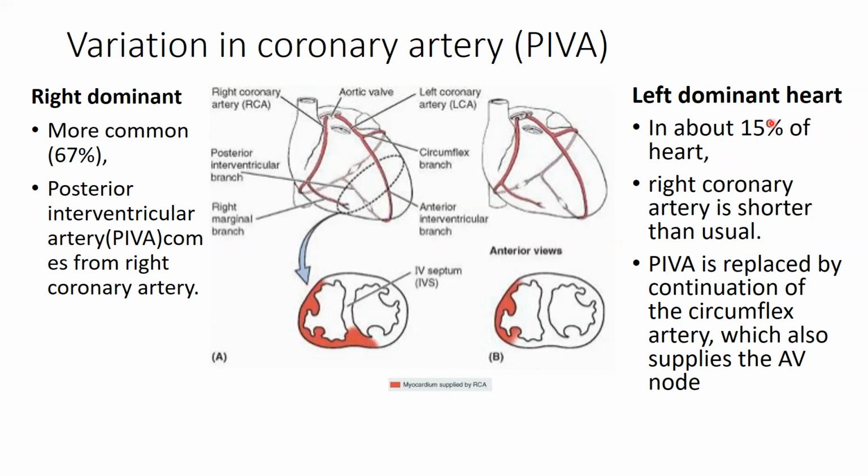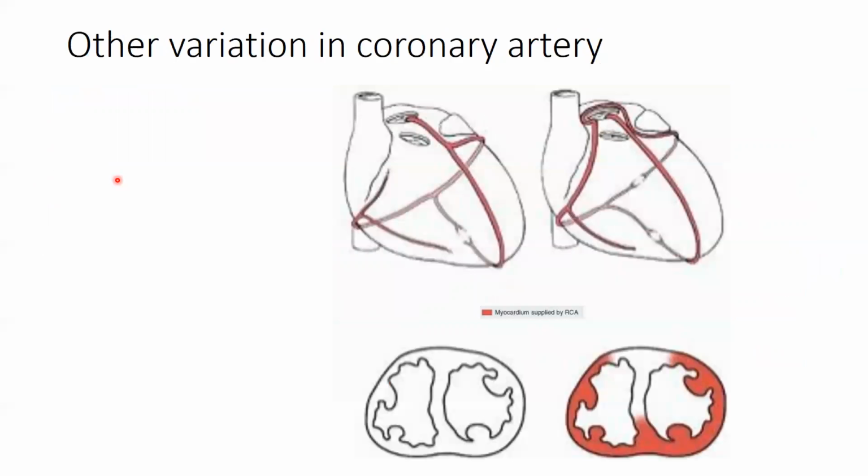And what about the rest? Because this one is 15% and this is 67%. Actually, there are many more variations in coronary artery. Like in these cases, the myocardium of the heart is all supplied by the left coronary artery.